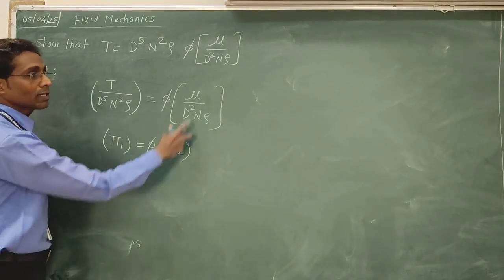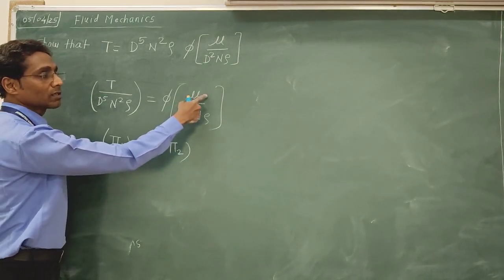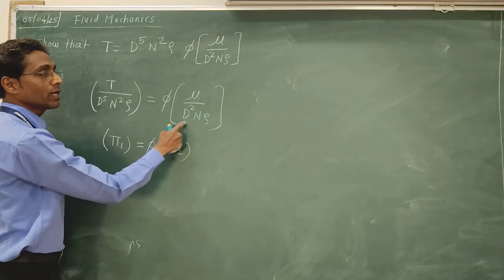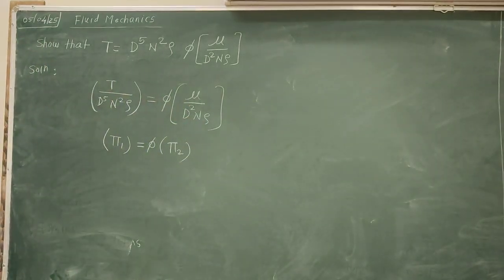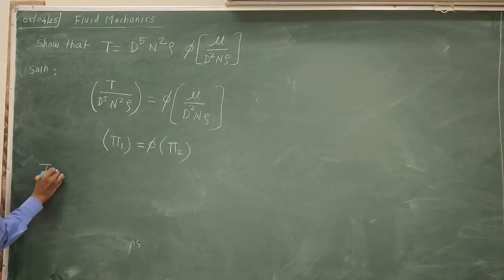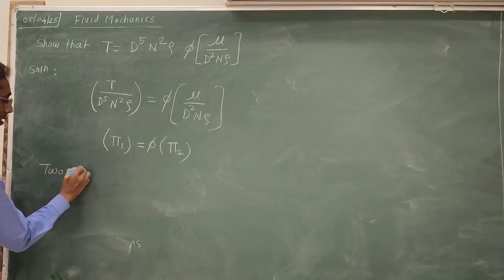This pi 2 term is again a group of these properties, mu, d, n and rho. Means here we have to identify how many number of terms? 2 pi terms. We have to find 2 pi terms.